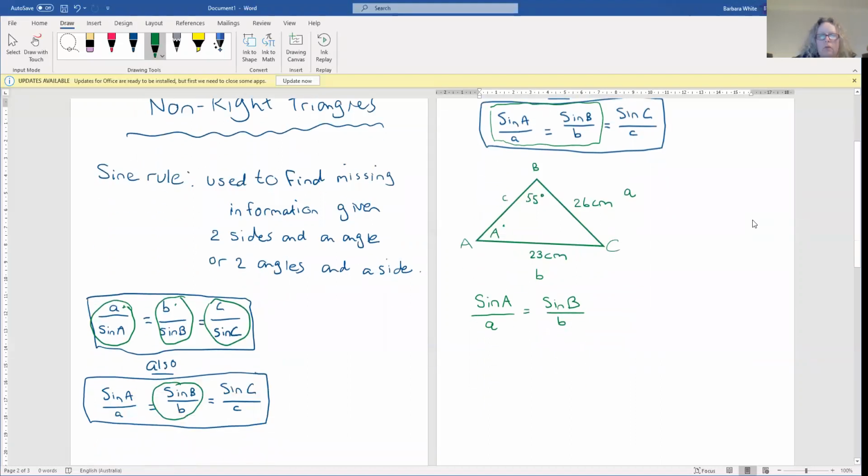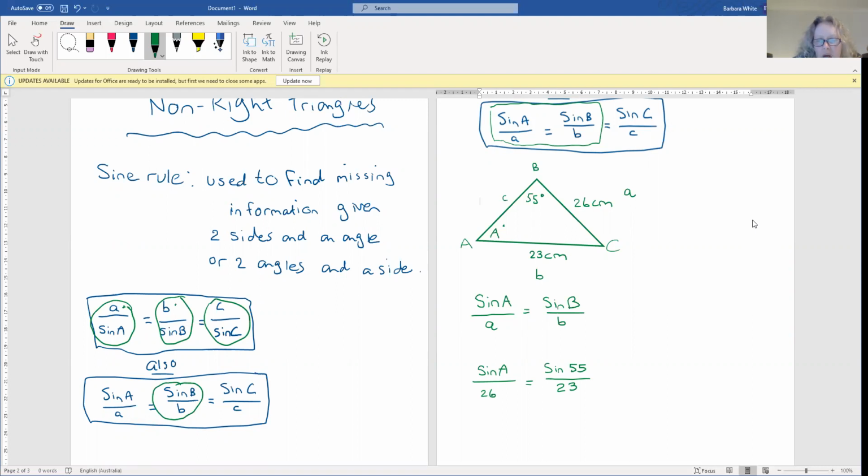So we are trying to find the sine of A. We know small a is 26 centimetres. We have got here sine of B, so the sine of 55 divided by small b, which is the side length 23. Just stop this and have a go at the next step yourself and then come back and check.